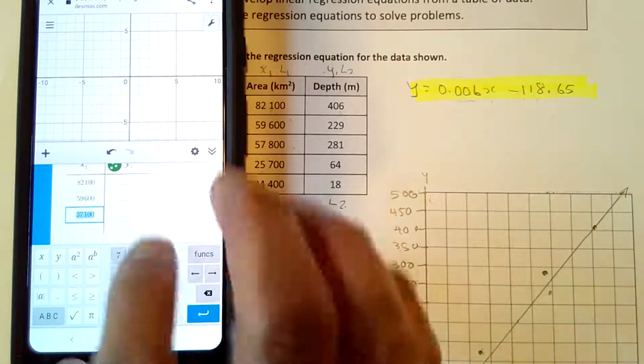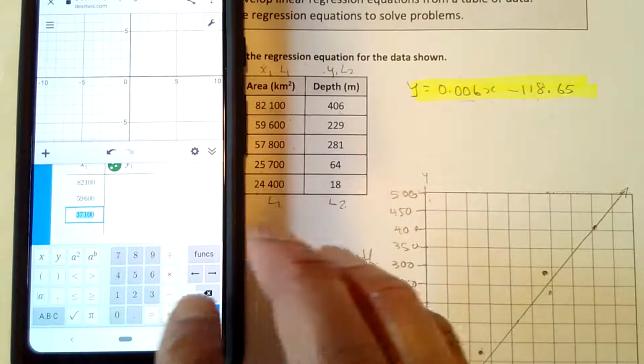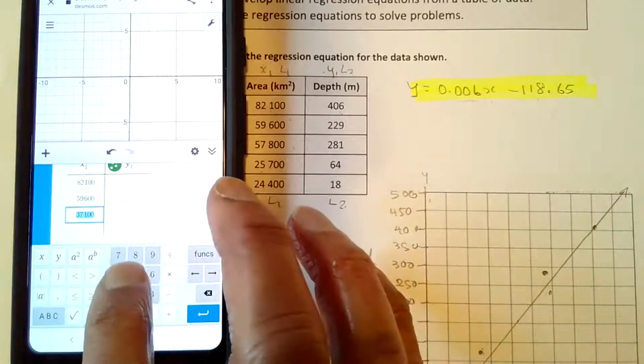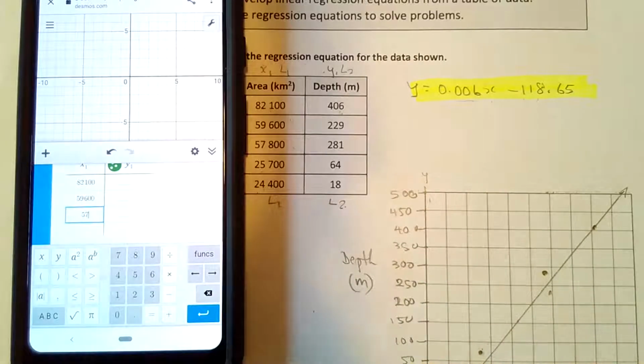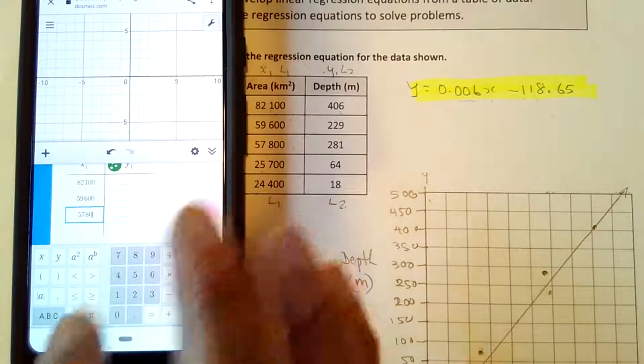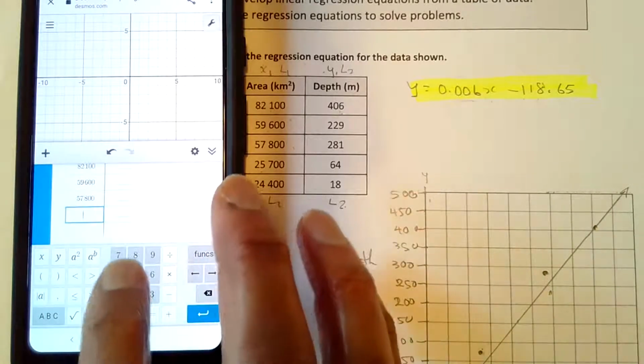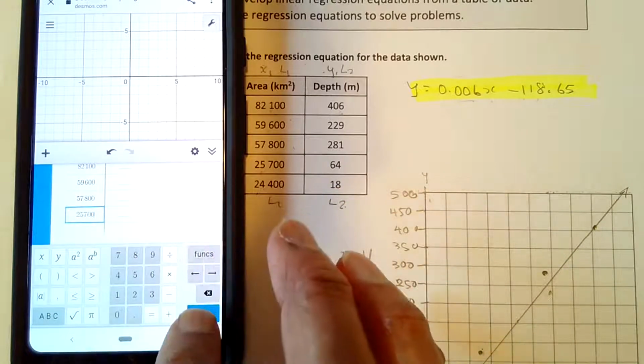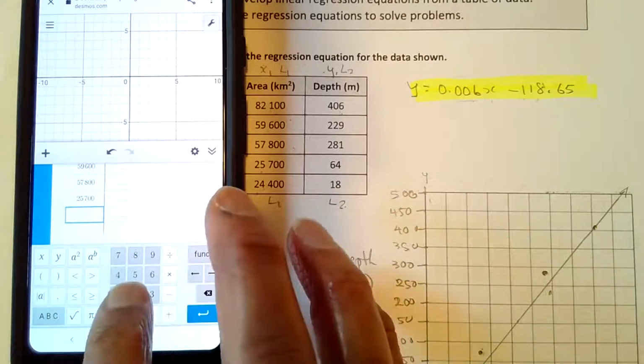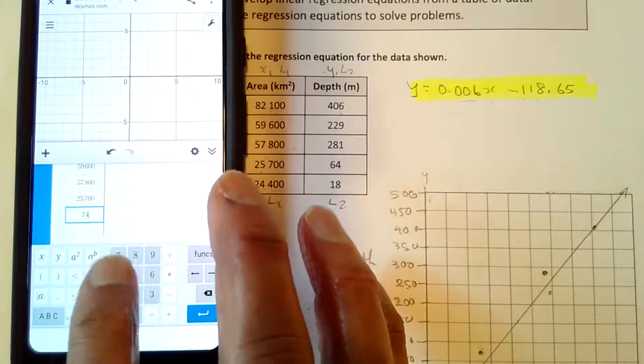Press enter. Then we have 57,800. Enter. 25,700. And the last one is 24,400.